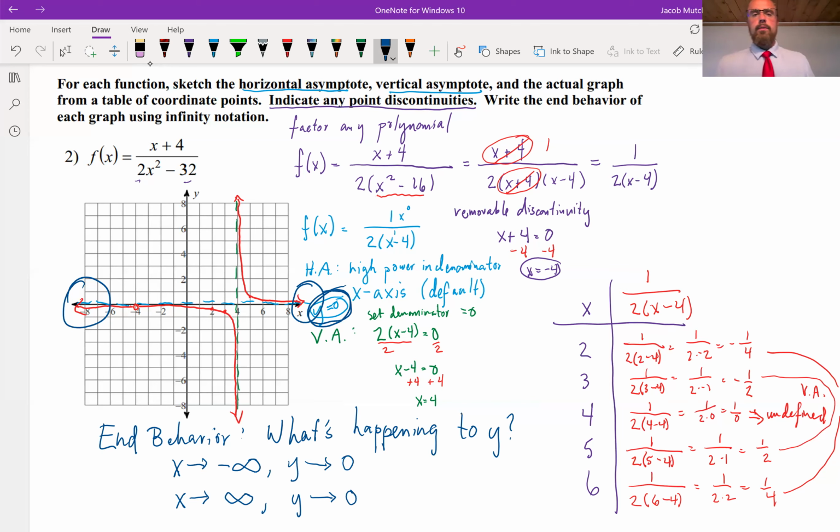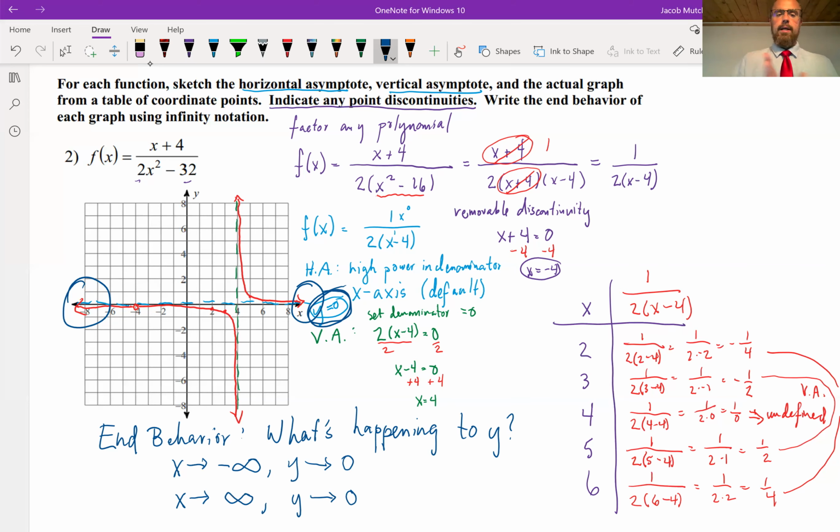Just to recap, we've graphed the function. We started out by looking for removable discontinuities by factoring the numerator and the denominator, see if there's any cancellations. If there are, you set them equal to 0 and solve, and then hold on to them. We then found our horizontal asymptote because here the high power was in the denominator. And that was at the x-axis, which is the default position for horizontal asymptotes. We found our vertical asymptote by setting the simplified denominator equal to 0 and solving.